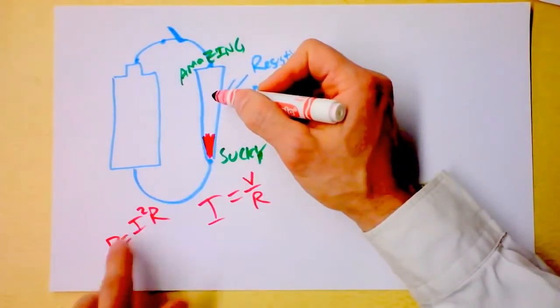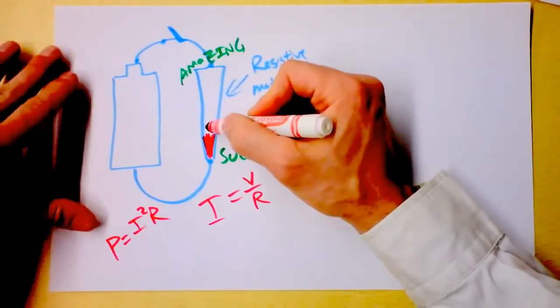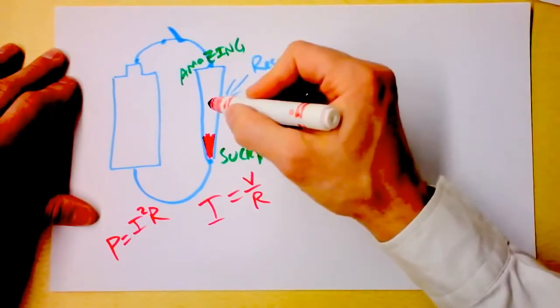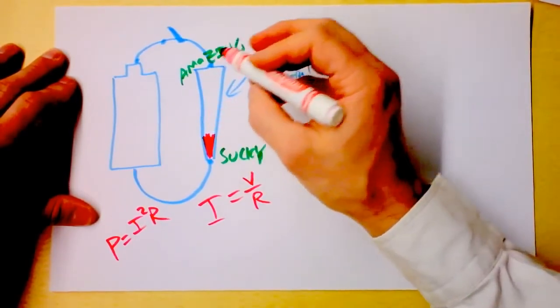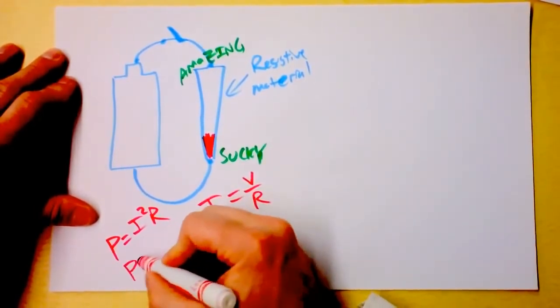So for a current going through there to get enough power to heat it up, we need sufficiently high resistance.